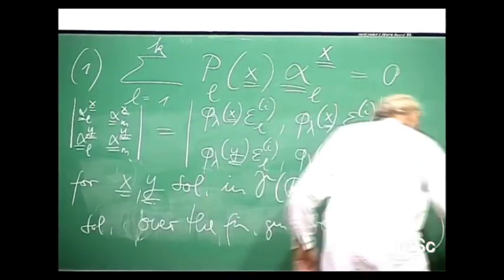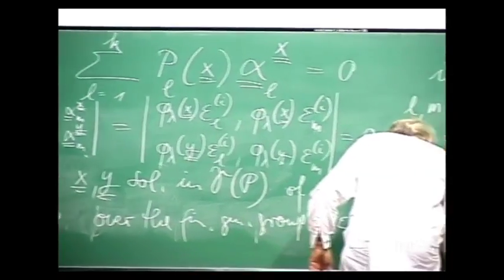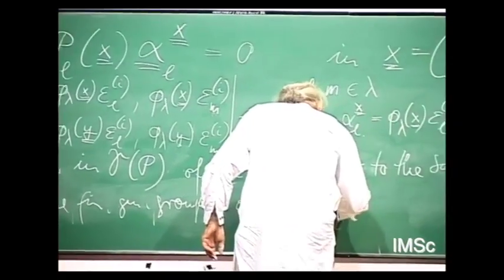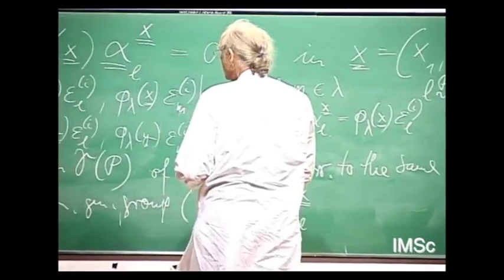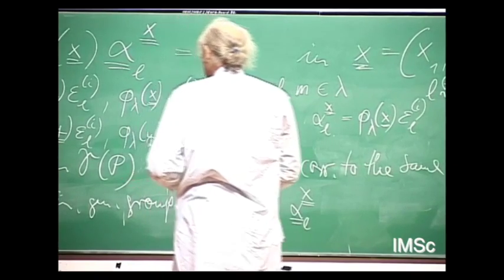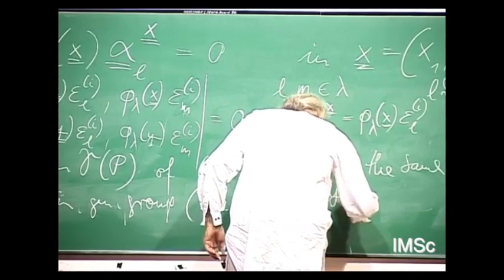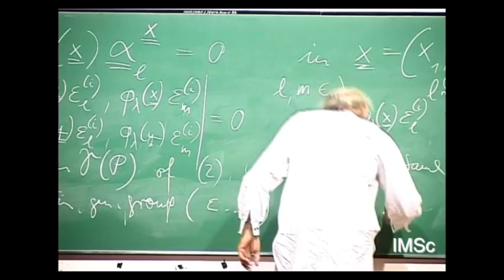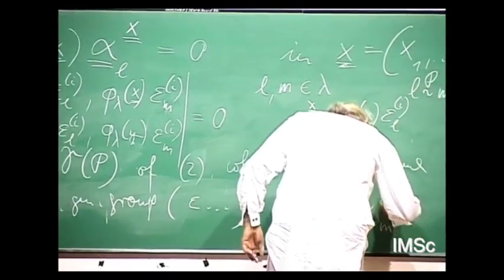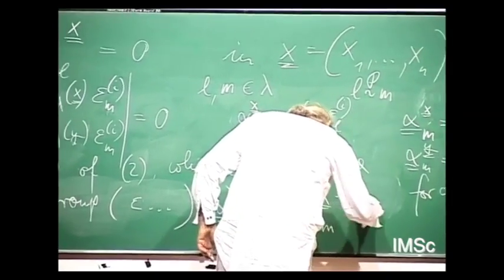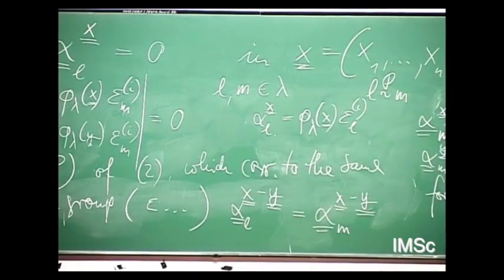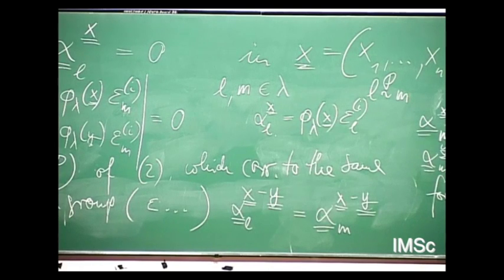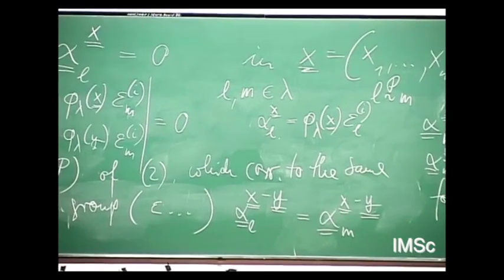So on the whole we have alpha L to the x minus y is equal to alpha M to the x minus y. So we can express that in a different way. Let's see.